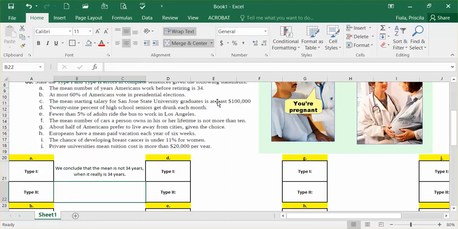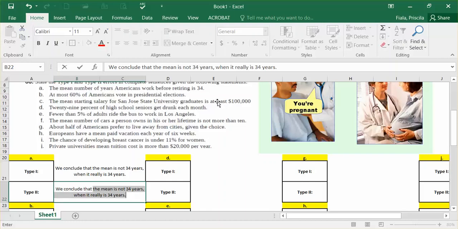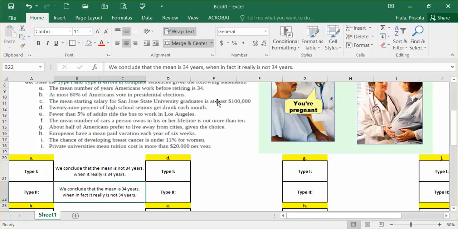Type 2, we would conclude that the mean is 34 years when in fact it really is not 34 years. In this case, we would have tested everything and figured that the mean number of years Americans work before retiring is not 34. We would conclude this is not true, but we would say it is true. So we will have a type 2.